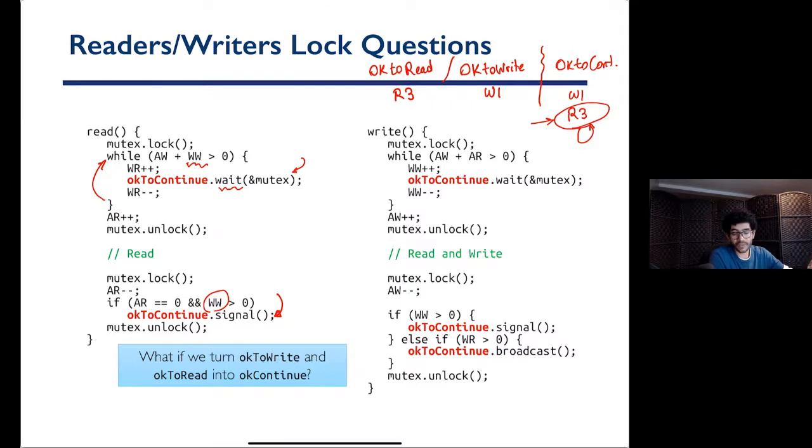Now, as a result, this signal that you sent got wasted. So now if there are no other readers coming, so if in future all the new threads that are coming are, actually any thread that comes now, so a writer comes or a reader comes, what's going to happen to them?